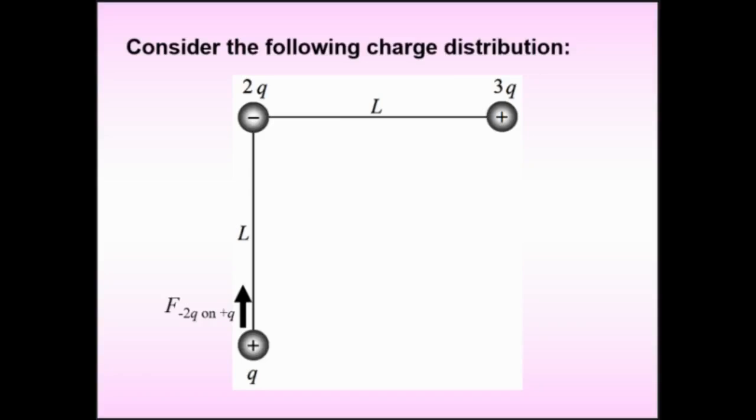Okay? Maybe we should have started doing that. Let's do it in the second problem. But for this one, let's actually call it what it is. Force of negative 2Q on plus Q. All right, that's it for this force. How is the other one going to be directed exactly?